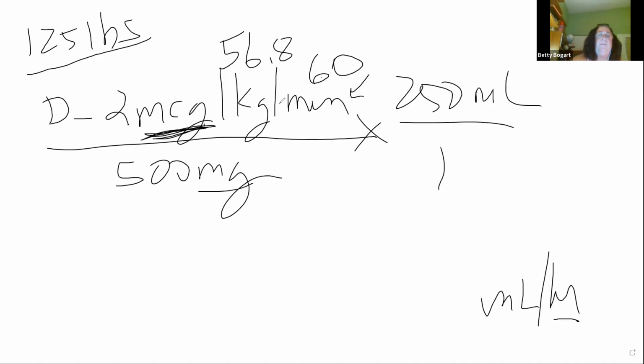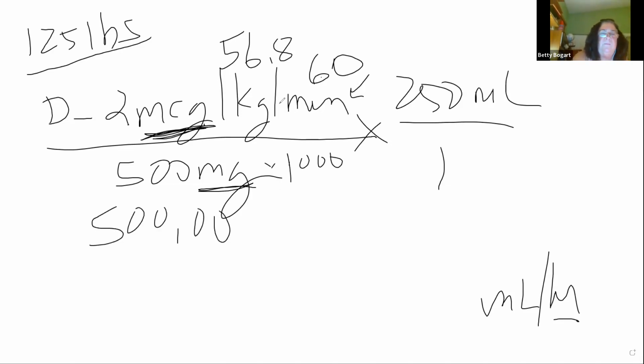There's micrograms and milligrams. And I always leave the dose the way it is, and I'll convert the other one to it. So milligrams to micrograms, it goes to the right, right? I showed you earlier. We're going to multiply that by 1,000, and it is 500,000 micrograms.